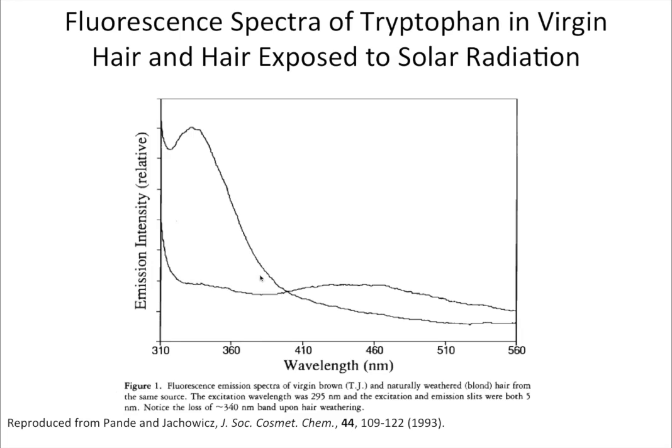What you'll notice is that these two spectra cross over each other, and that's because there's a second peak out here, and this second peak is due to the presence of compounds known as kynurenines. It's K-Y-N-U-R-E-N-I-N-E, kynurenine.